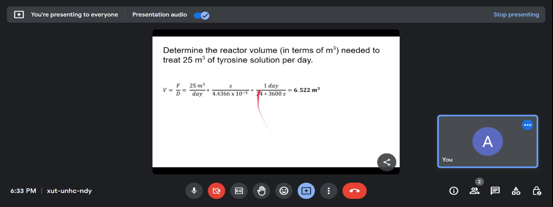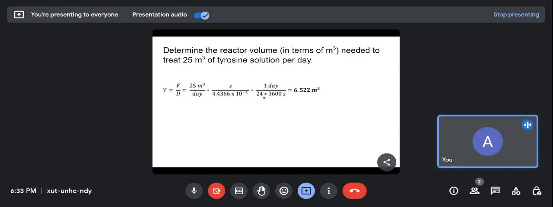Okay. Now you have to determine the reactor volume in terms of meter cube needed to treat 25 meter cube of tyrosine solution per day. So you know that the volume is equal to the flow rate by the dilution rate. So it is saying 25 meter cube per day, right? So you have to convert that day into seconds, right?